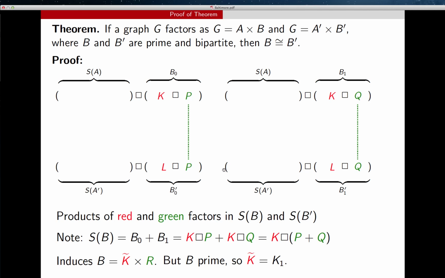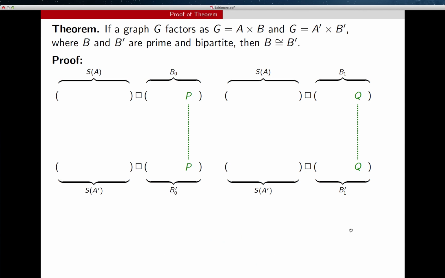Essentially, that means that the K here and here and the L, in other words, all the red factors, are all K1s. They don't even show up at all as factors. So the upshot of this is that there are no red factors, only green factors in B0 and B1, and B0 prime and B1 prime. So we're going to update our diagram a little bit, get rid of the red factors, and it looks like this.